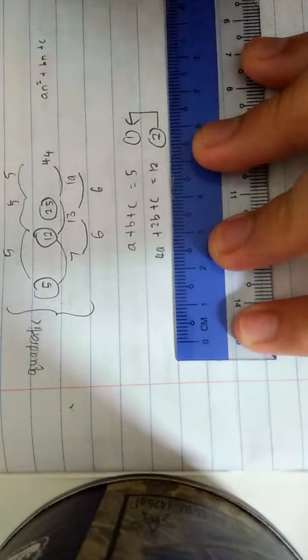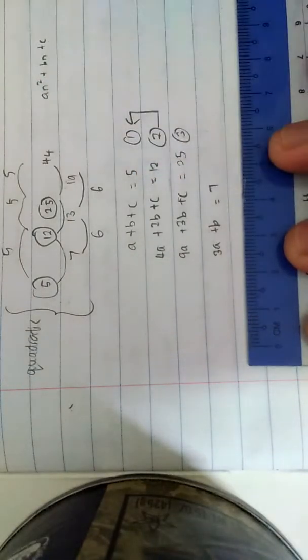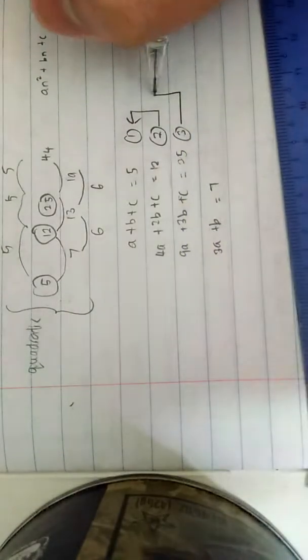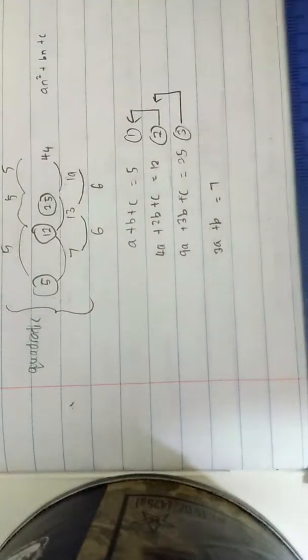So 12 minus 5, what do we get? 7, right? So what you do next is that you take your third equation and subtract your second equation.